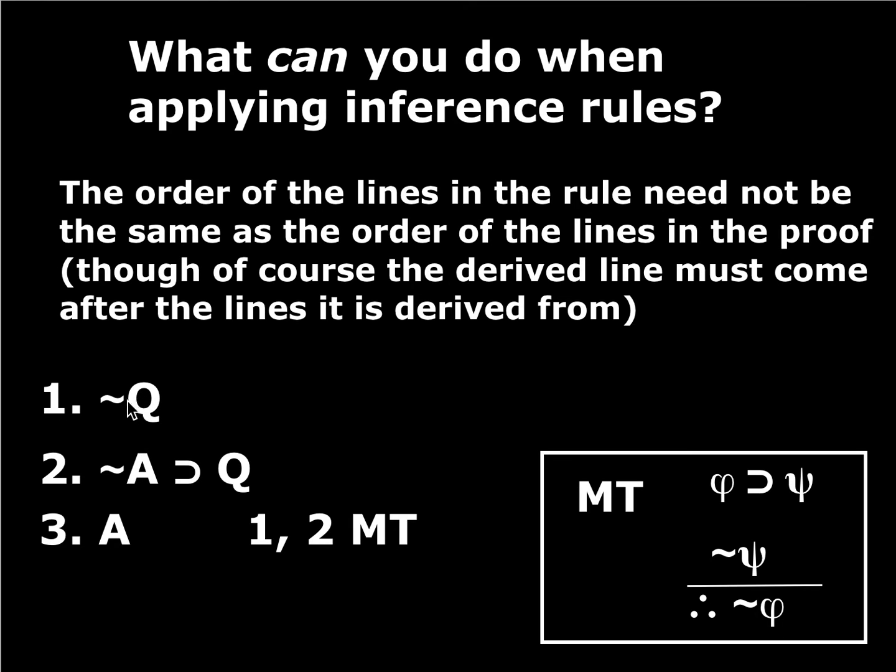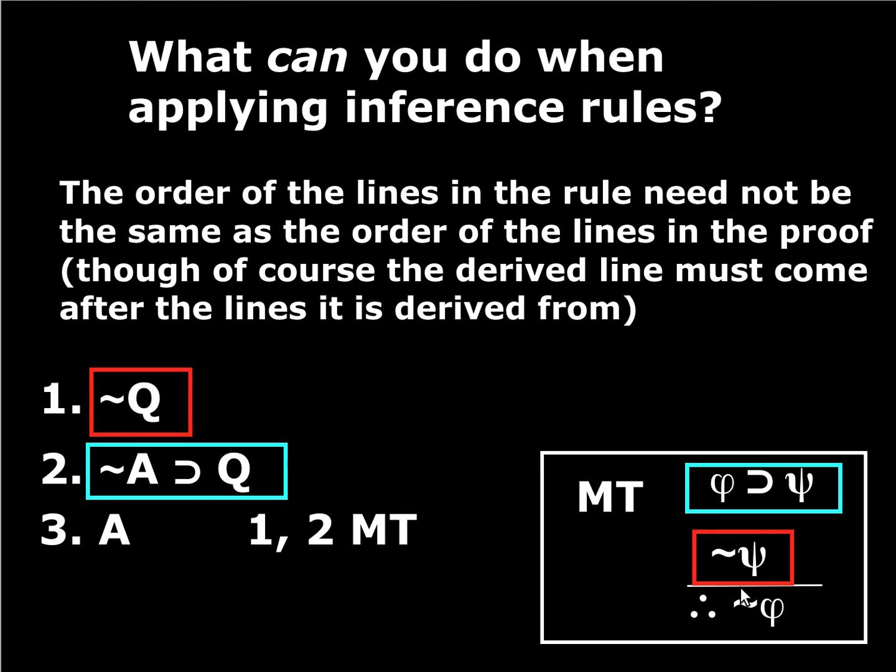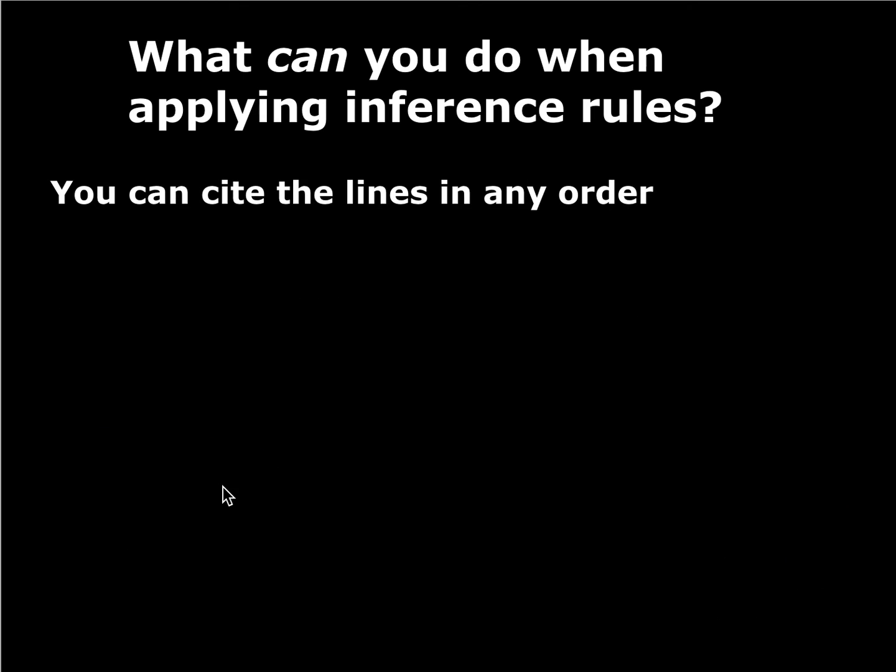Even though here the negated consequent is above it, all the rule says is you need these two things. It doesn't care where they are as long as you've already got them somewhere up above the new line you're deriving. So here they're in this order, here they're in that order. That's fine. You can cite the lines in any order you want.